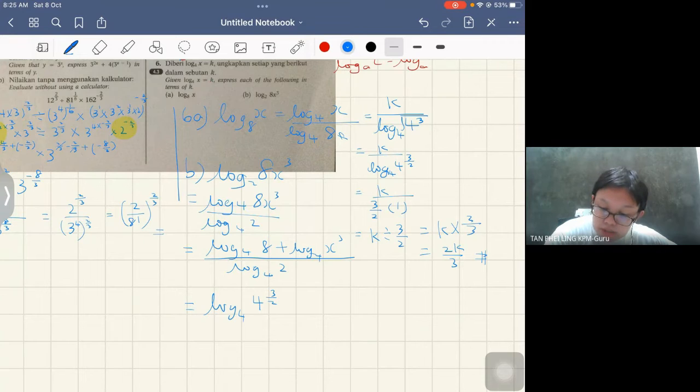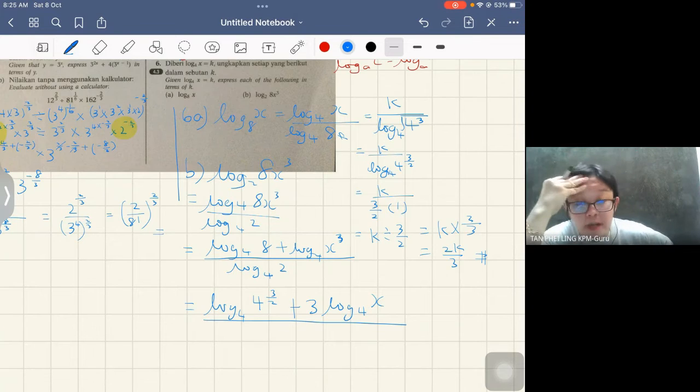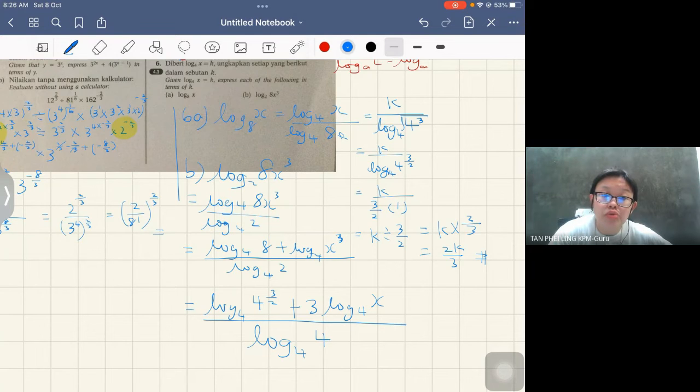And then plus, this one, the 3 here can bring to the front, 3 log x base 4, and over, this one, the 2 here also the same. You have to be creative. You have to make it become log base 4 of something. How to make 4 become 2? Square root it, right? So we just power half ourselves.